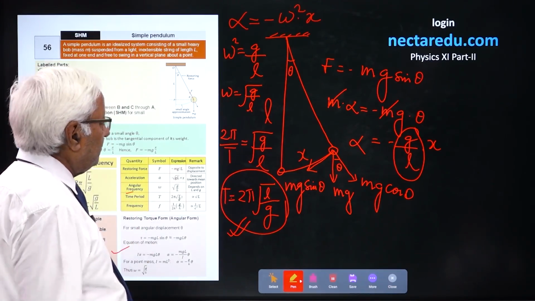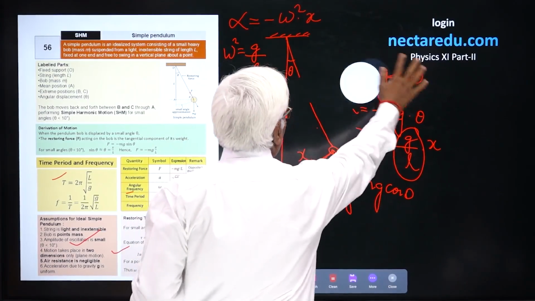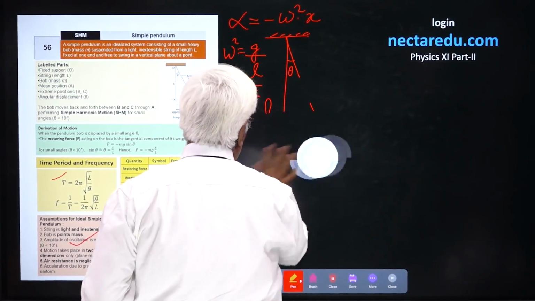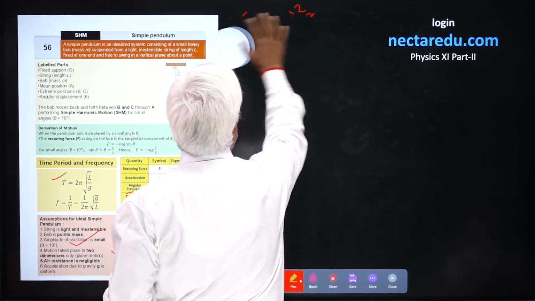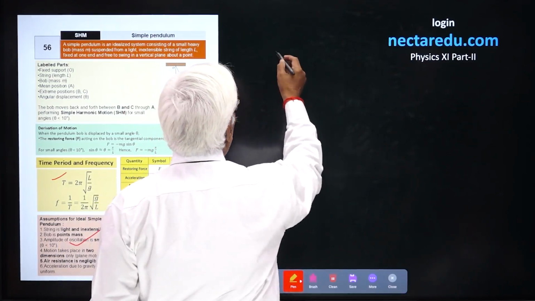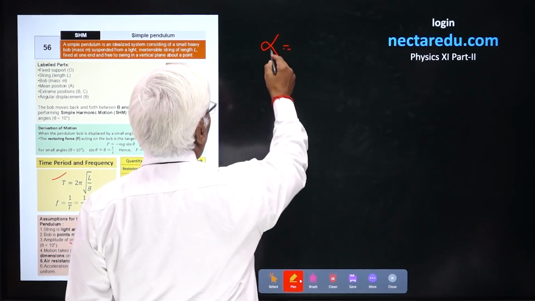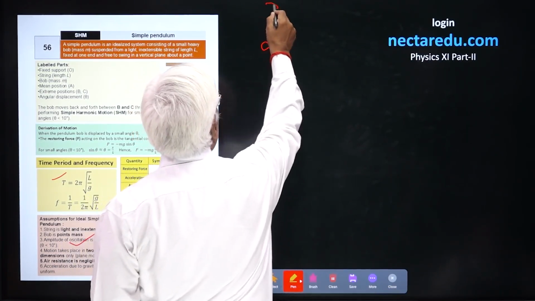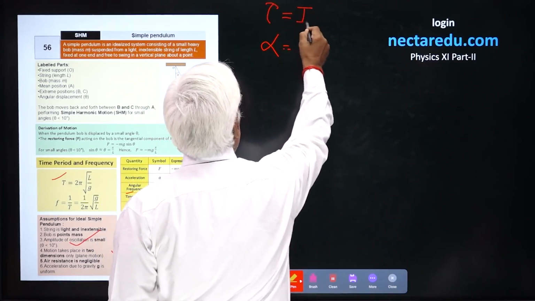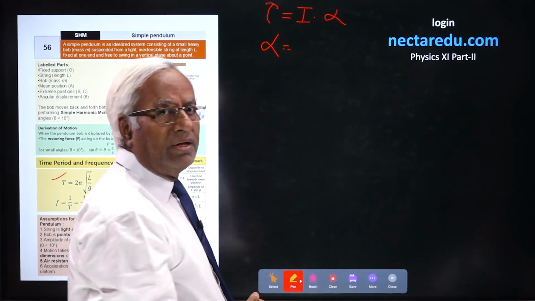You see, here we have been considering linear displacement, linear restoring force. In place of that, if we consider the angular form, then we are going to consider this angular acceleration. Angular acceleration could be obtained from restoring torque. Restoring torque will be equal to I into alpha.